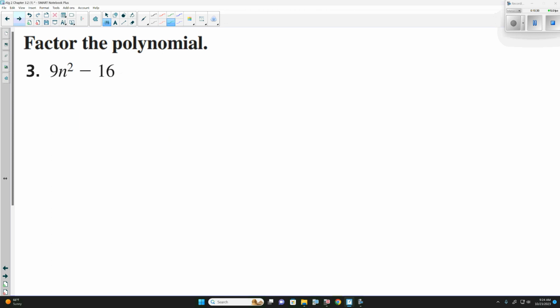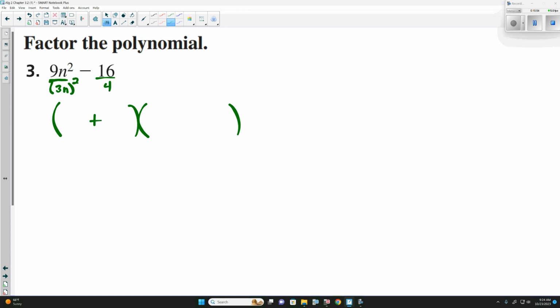9n squared minus 16. We know it's a difference. Is 9n squared a perfect square? Because 3n times 3n, well, 3 times 3 is 9. n times n is n squared. What times itself is 16? 4.